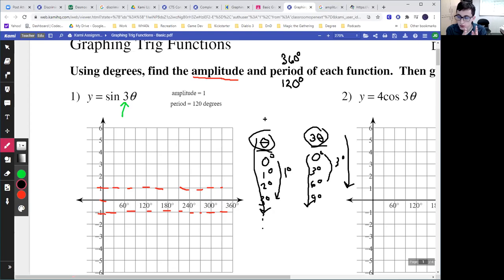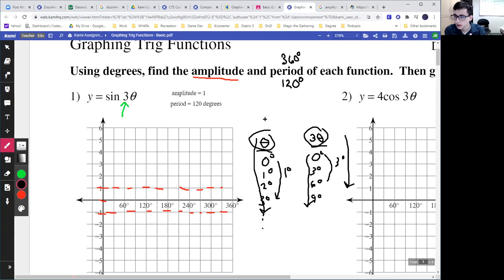However, because of this 3, the degrees are cycling 3 times as fast, which means it takes 1/3 of the degrees to cycle through all of sine. So instead of 360 degrees, it's 1/3 of that, divided by 3, which is 120 degrees. So you divide by 3?